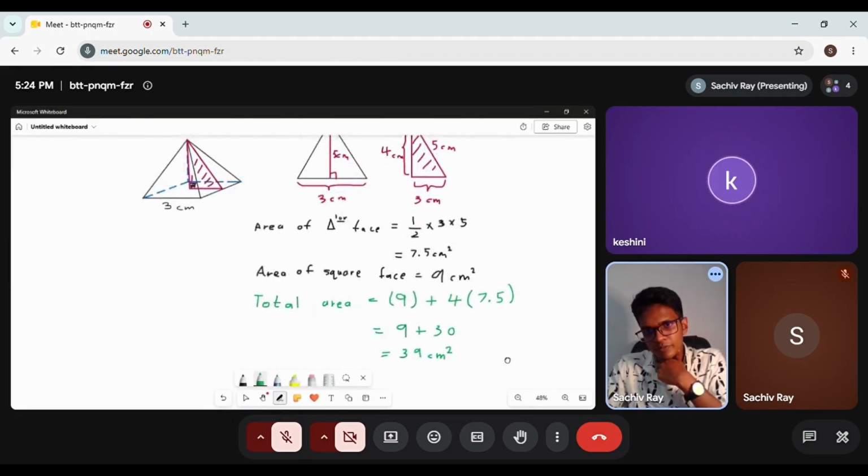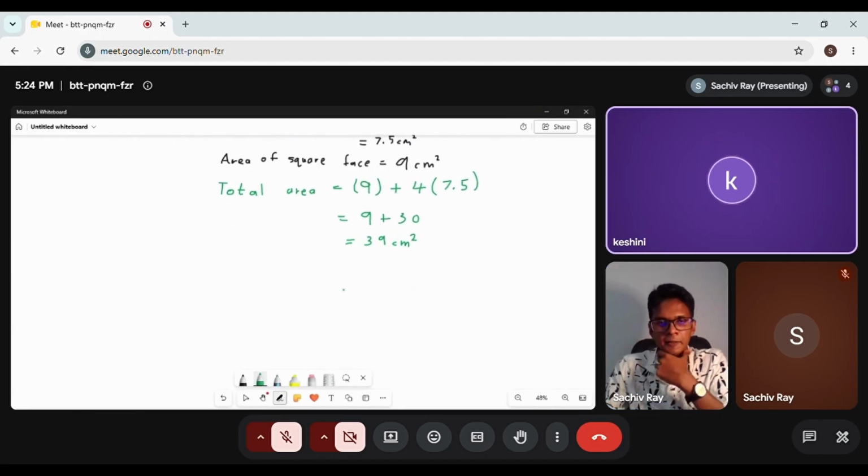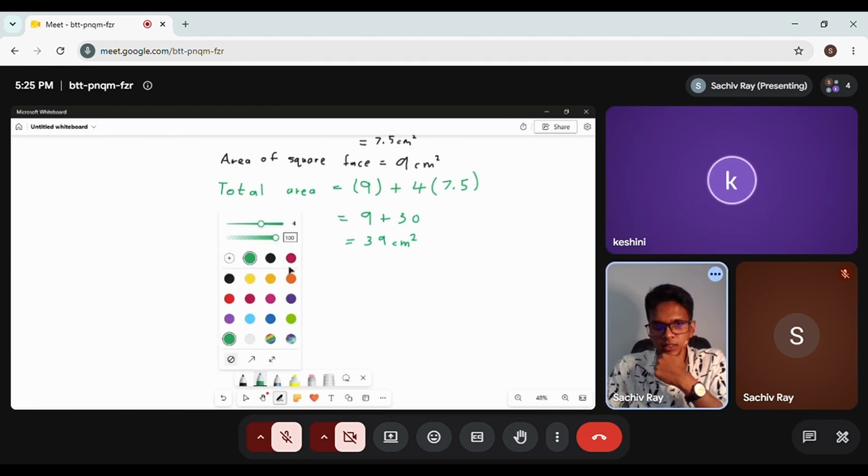So now this 9. How did you find this 9? 3 times 3, multiply.